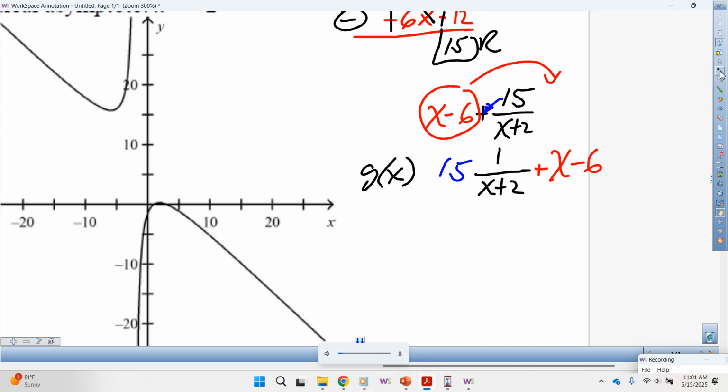So, looking at this new transformation, tell your neighbor what the VA is. x equals what? What's our VA? Enrique, what's our VA?